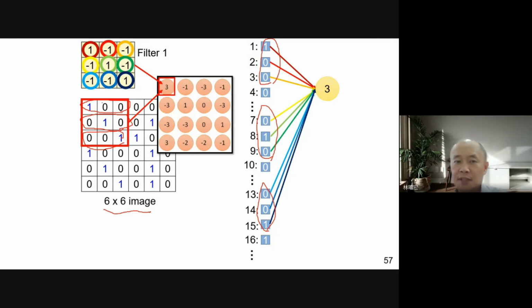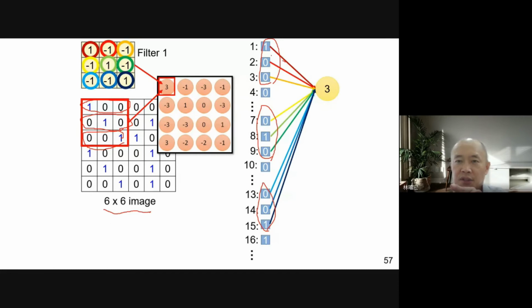Here we perform the convolution, which means the pixel-wise multiplication and integrating all the multiplications. In total there are 9 multiplications, 9 connections, and I use color to represent the weight of each connection.